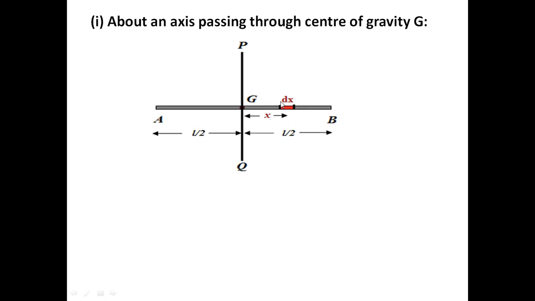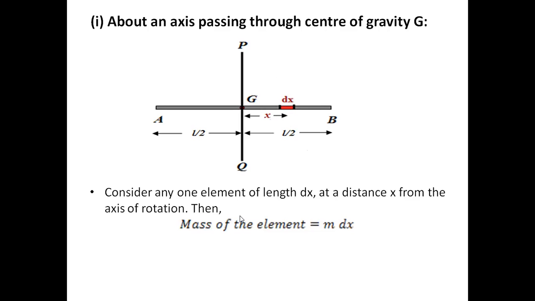First we calculate the moment of inertia of this element about the axis PQ, which is equal to mass multiplied by distance squared. The distance we know is x. So we first calculate the mass of this element. The mass of the element is equal to m into dx, because small m is the mass per unit length.